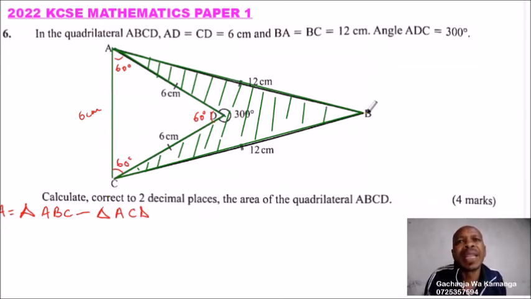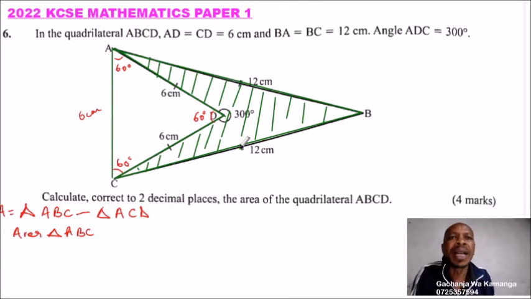So we can get the area of this bigger triangle. So area of triangle ABC. Since we have the three sides, we can use Hero's formula to find the area.